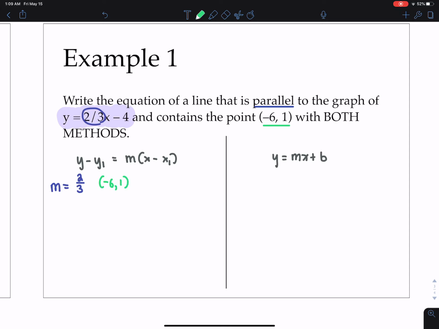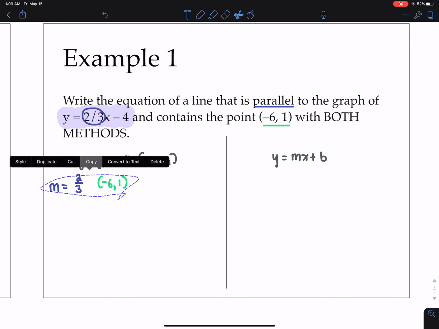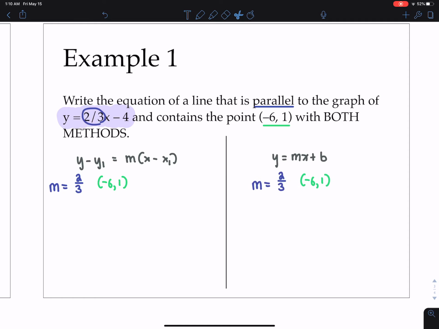And then it becomes the method that we have been using for the past week or so, trying to figure out what the equation of our line is in slope-intercept form. Again, the only thing that you use from our first equation is the slope. We don't care about the y-intercept of that graph, because we're going to find a new y-intercept so that our line passes through the point negative 6, 1.